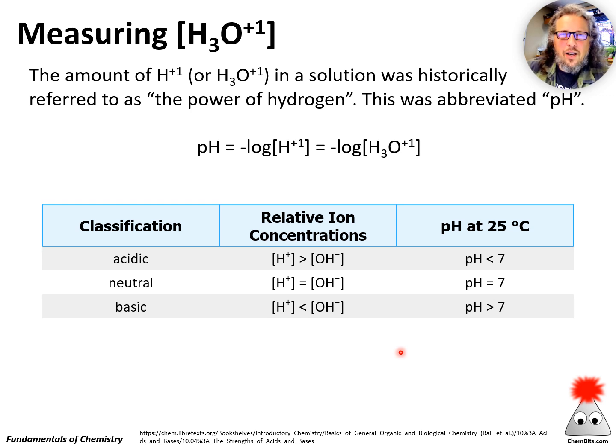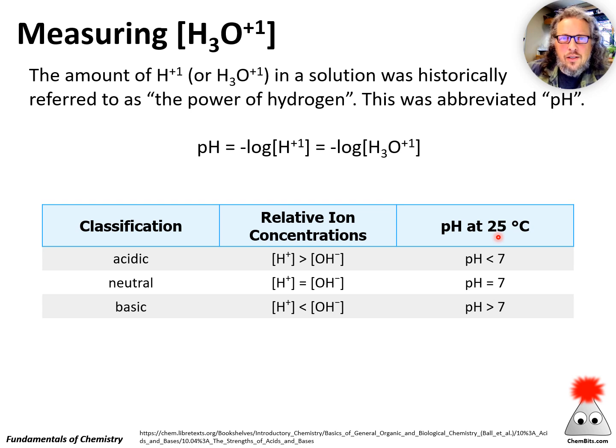Now we have to be a little careful here, especially for anybody who might be looking into a career in healthcare, because we often key in on this idea of pH 7 is neutral, but pH 7 is neutral at 25 degrees Celsius.